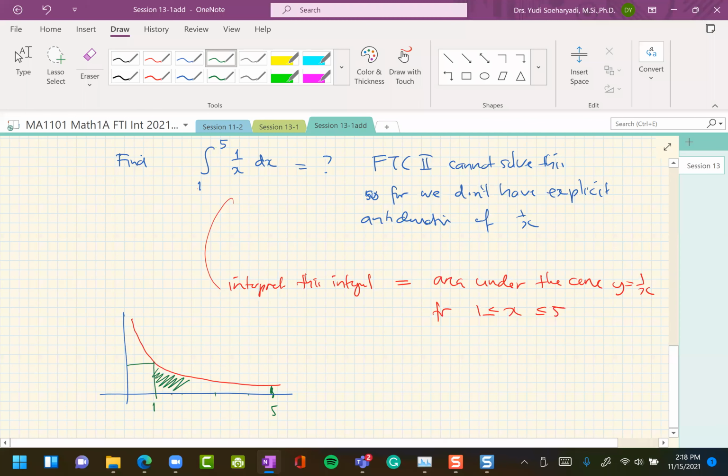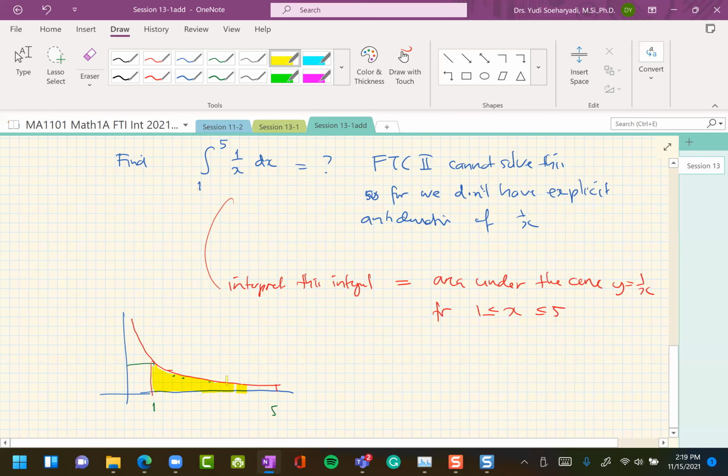That's the area. So what we have so far is this area here.